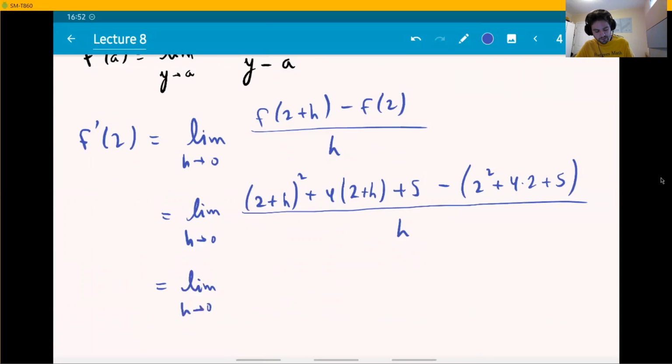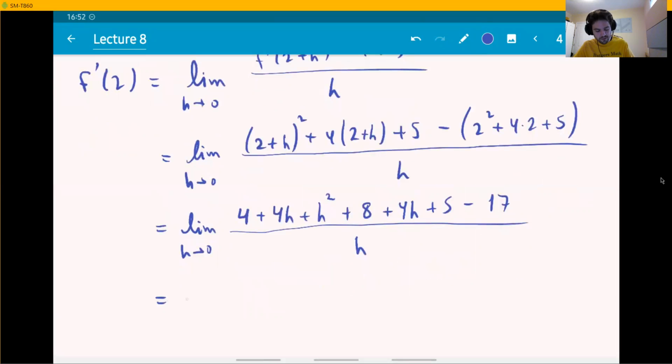Well, there's a lot of simplification to be done here. 2 plus h squared is 4 plus 4h plus h squared by the binomial theorem. 4 times 2 plus h is 8 plus 4h, distributing the 4, plus 5, and then minus whatever this number is, 4 plus 8 plus 5. So 12 plus 5 is 17.